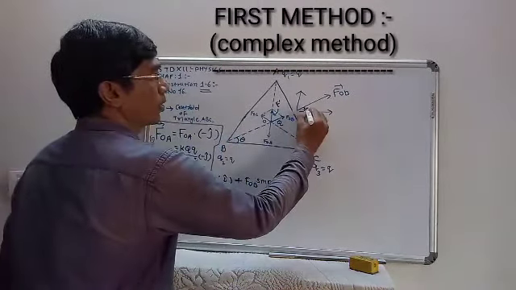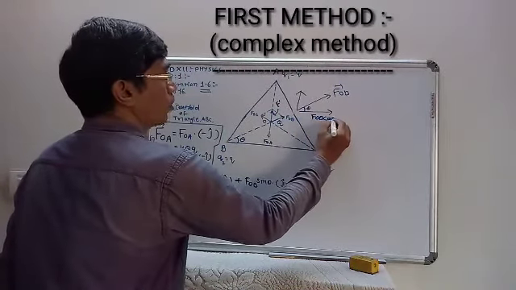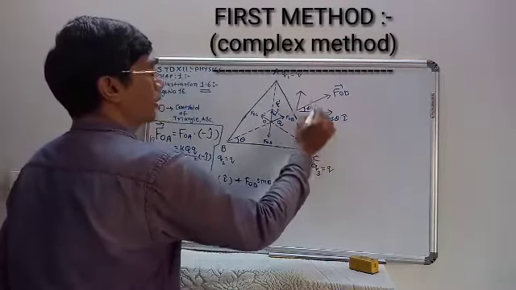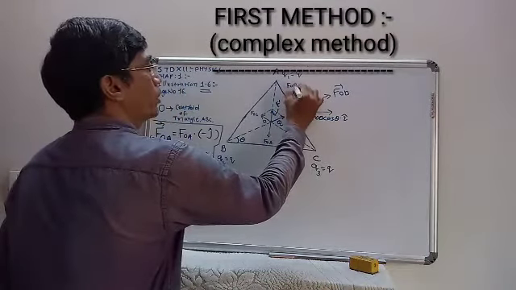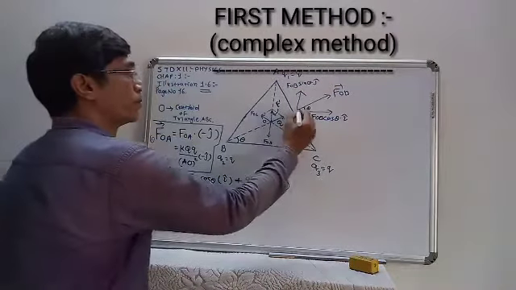So this is FOB cos theta unit vector i, and here is FOB sin theta into unit vector j.